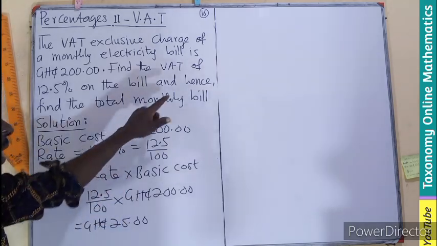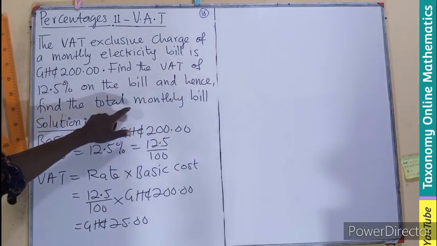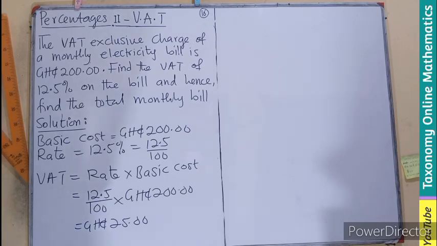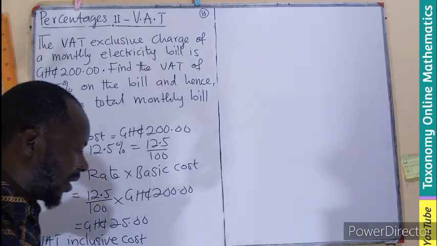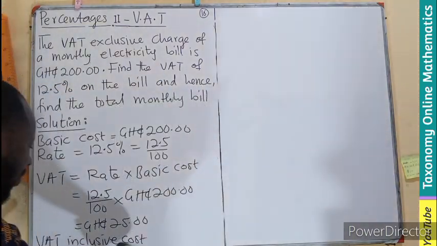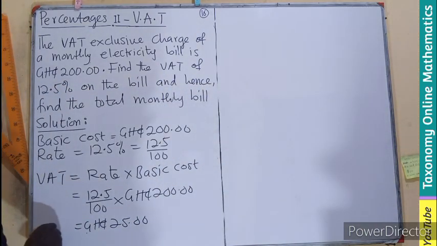Then here says, hence find the total monthly bill. Total monthly bill is talking about VAT inclusive cost, or let me just say total bill, since we are asked to find the total bill.